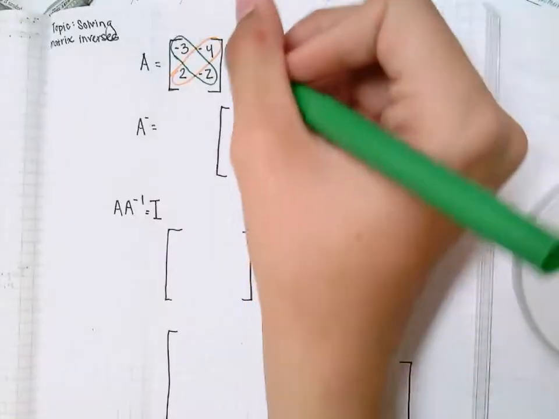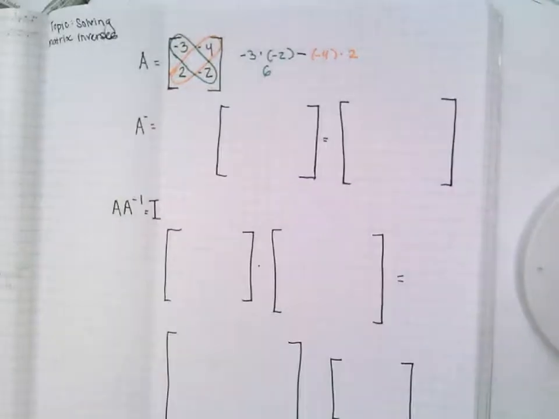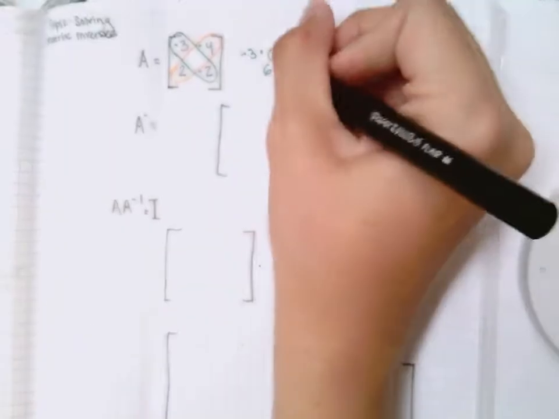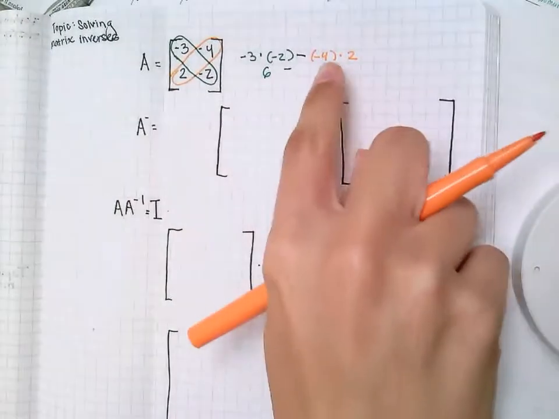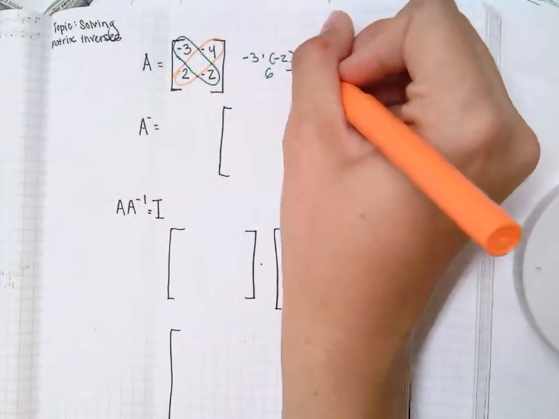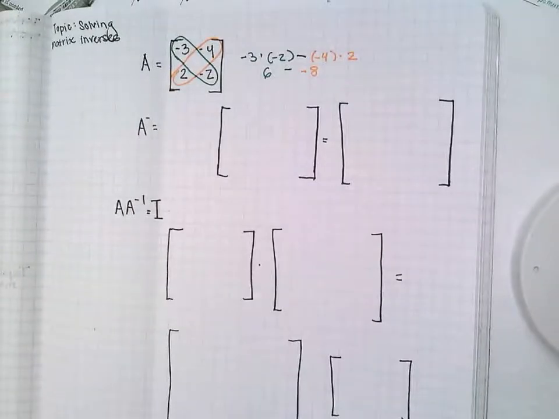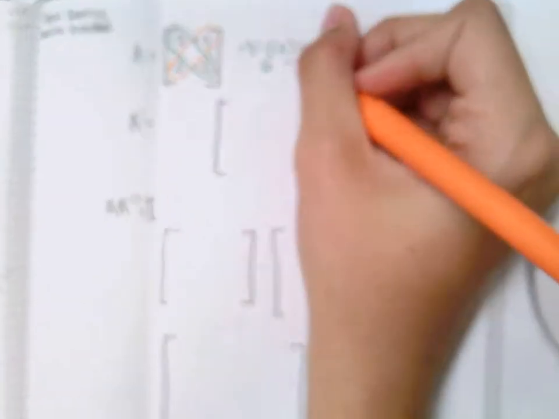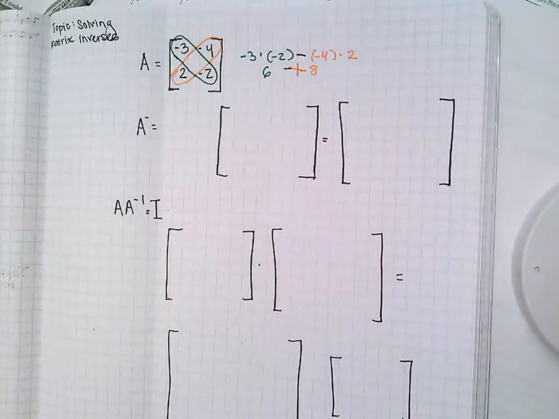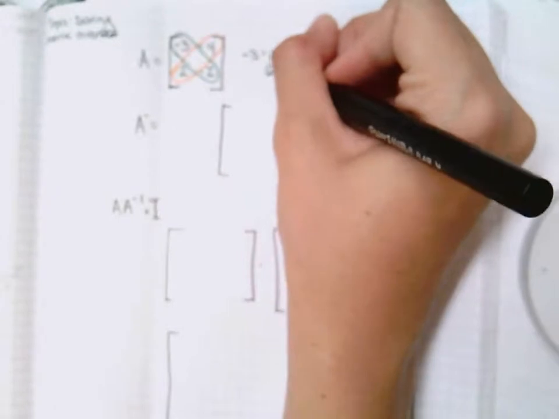This comes out to 6. Bring down the minus sign. And this comes out to -8. A negative and a negative make a positive. And our determinant is 14.